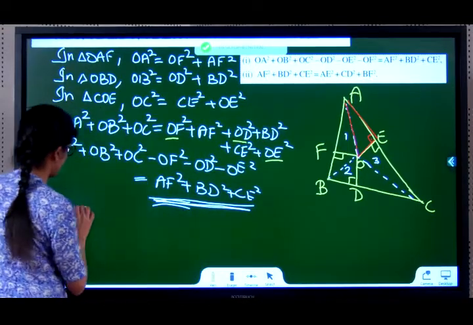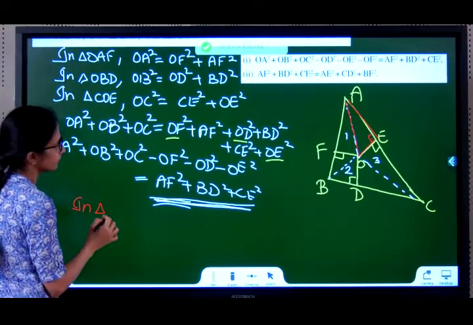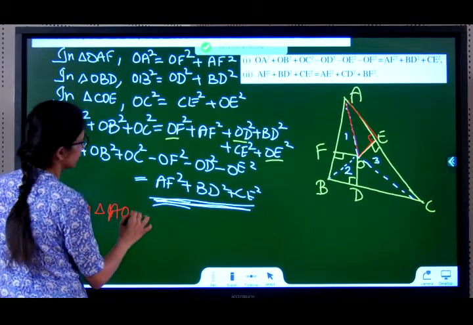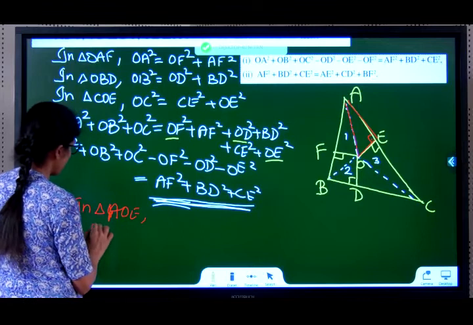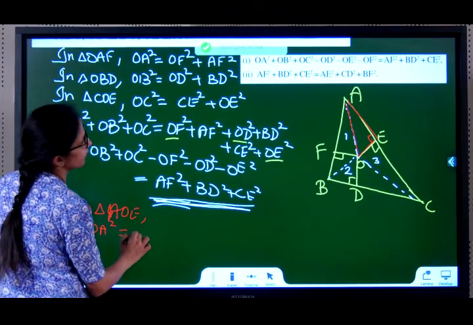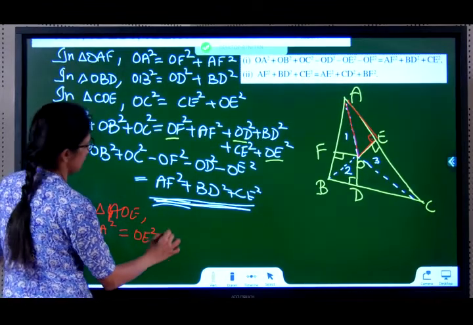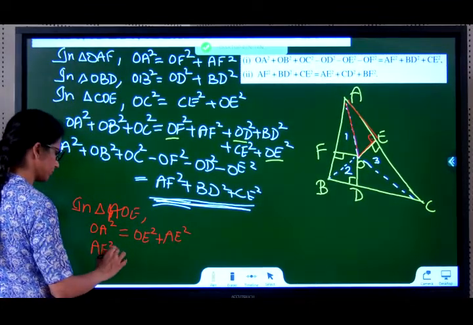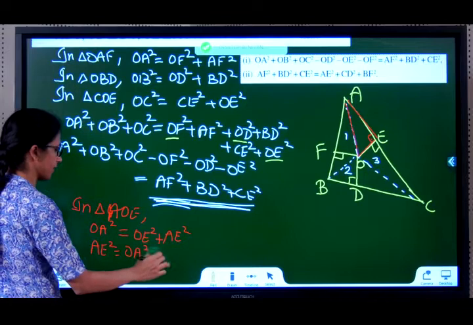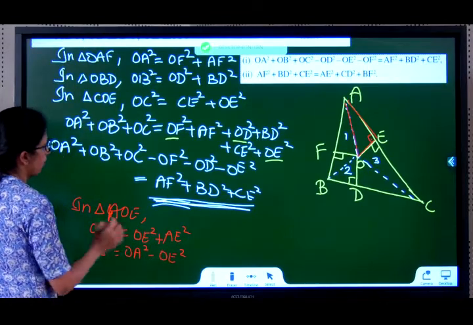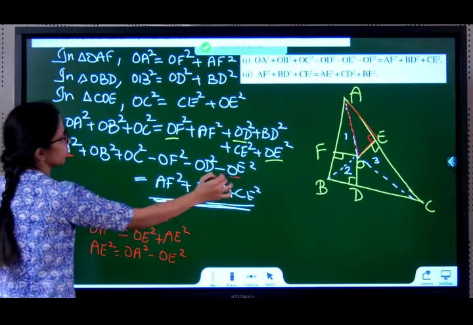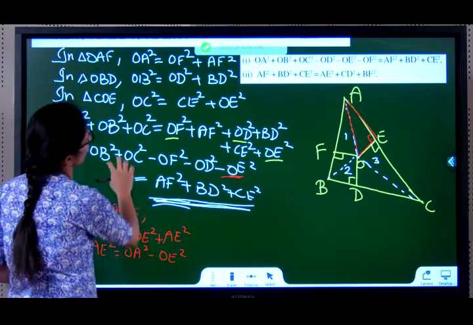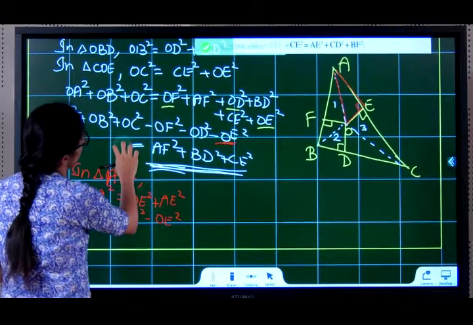So, let us just write down in triangle AOE, OA square is equal to OE square plus AE square. What is AE square? OA square minus OE square. I will get my AE. Are you understanding? I am using that itself.